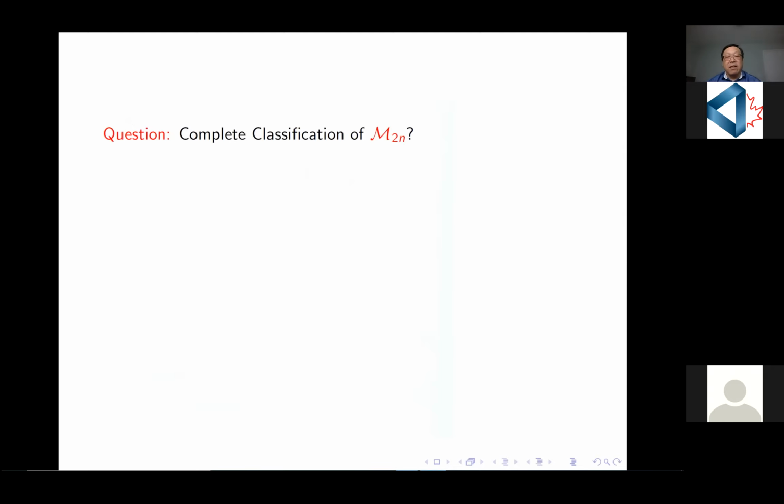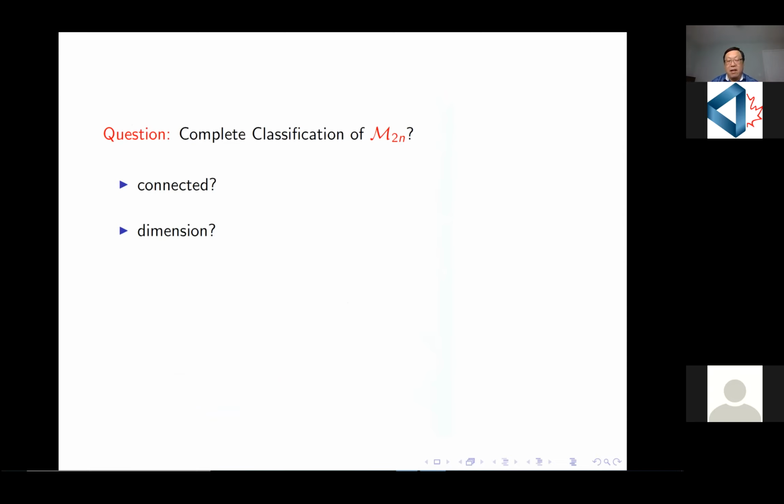Okay, question. Can we have a complete classification of these 2n-ended solutions? Is the set of solutions to the 2n-ended problem connected? And if they're connected, what is the dimension of this manifold?